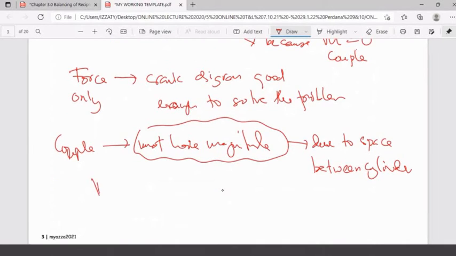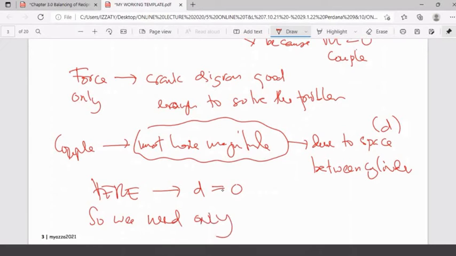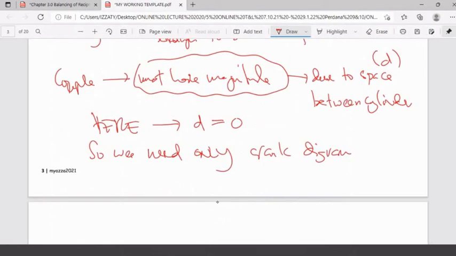Here, this one is equal to 0. So we need only the crank diagram.